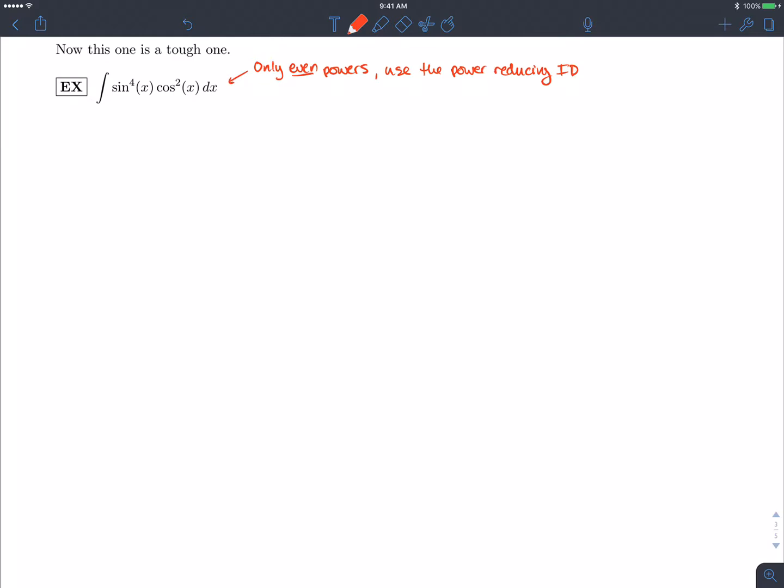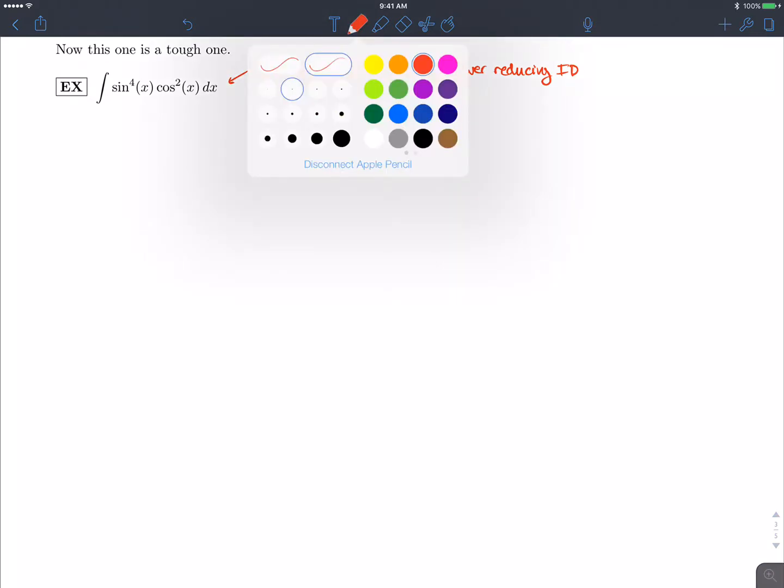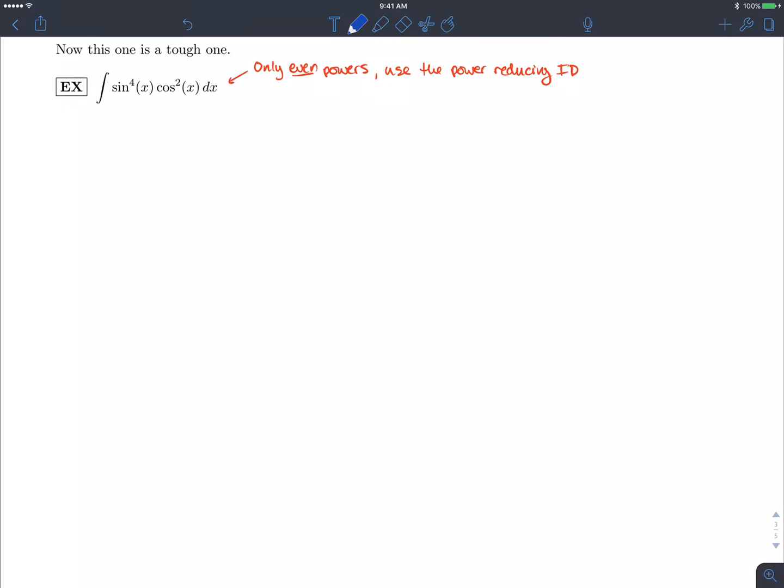All right, so in this particular problem we've got the integral of, we're going to need to write this as sine squared, squared in order to use that power reducing identity.